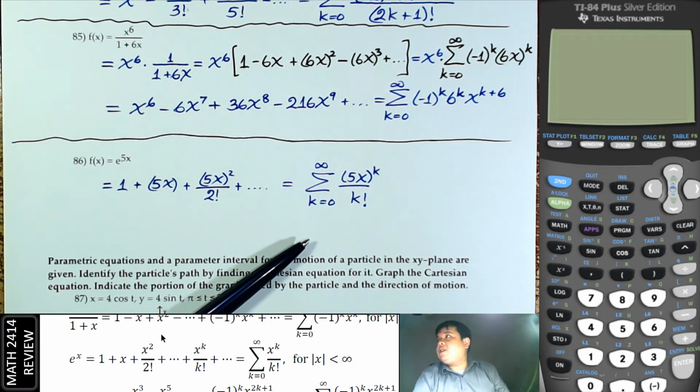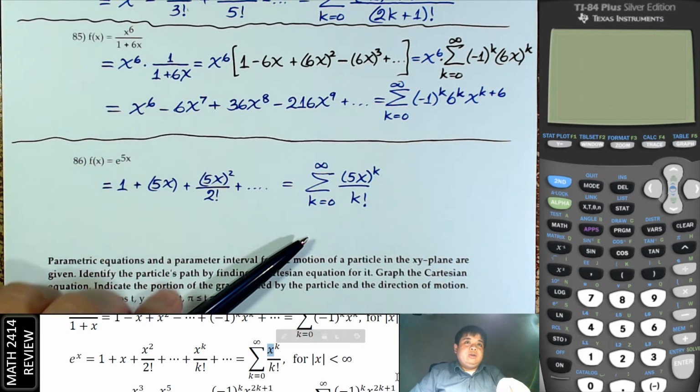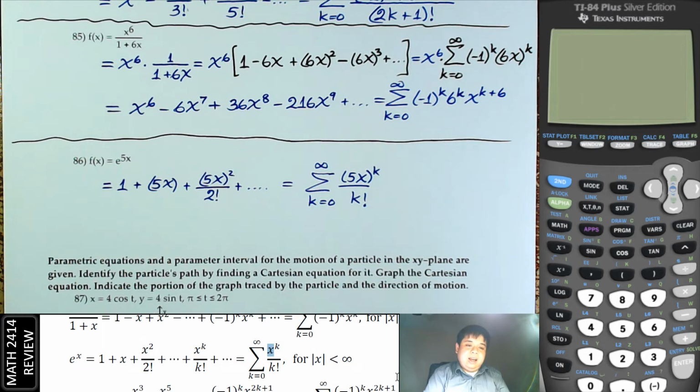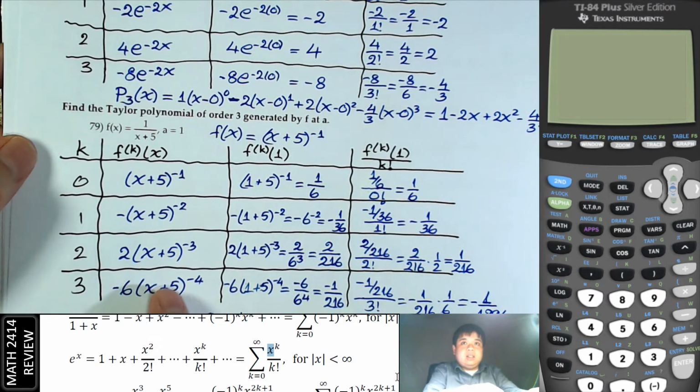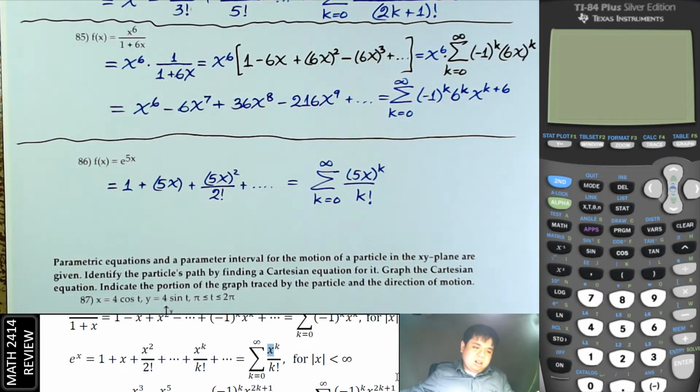Yeah, I just substitute 5x into that x, and that's all we have. Of course, another way to do that is construct a table like this, like we did earlier, but that's all we have here.